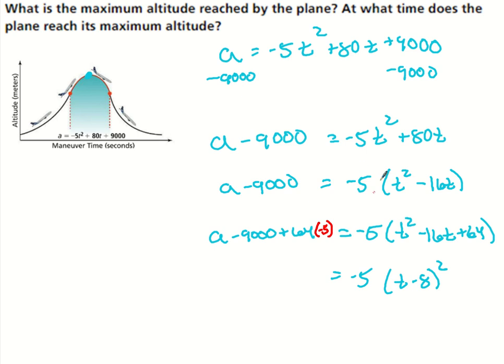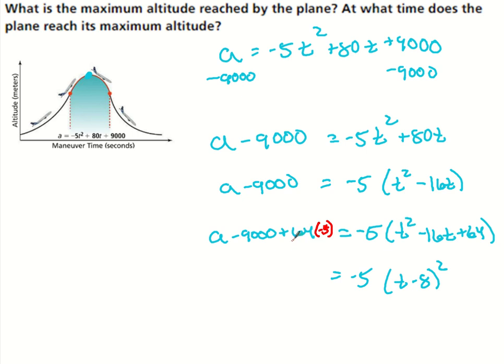So when we factor out an a term and then complete the square, I have to multiply by whatever that a term is on both sides, because that's going to maintain equality. Because this is in parentheses, this is all being multiplied by this -5. So because this is really -5 times 64, I have to add -5 times 64 on the left-hand side. I knew something looked wrong.